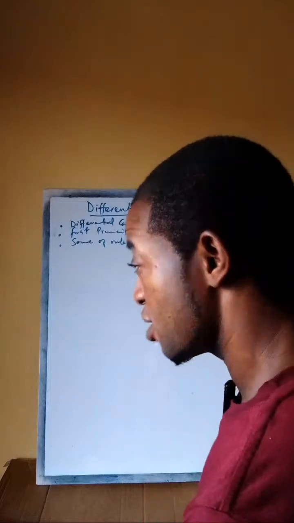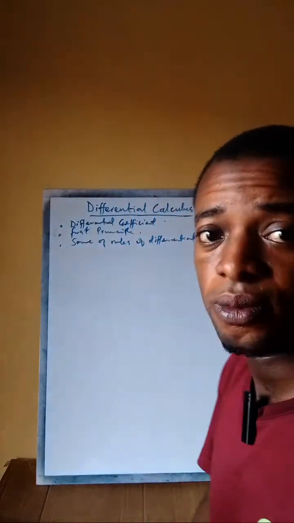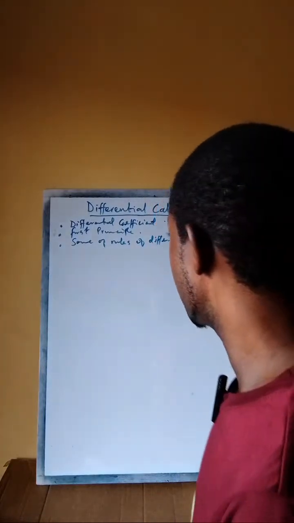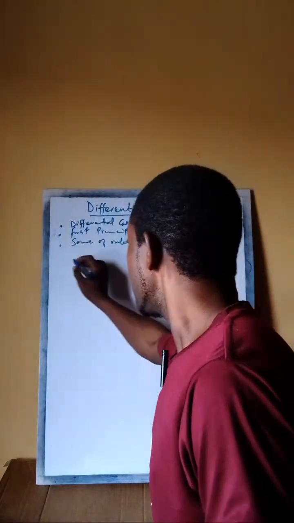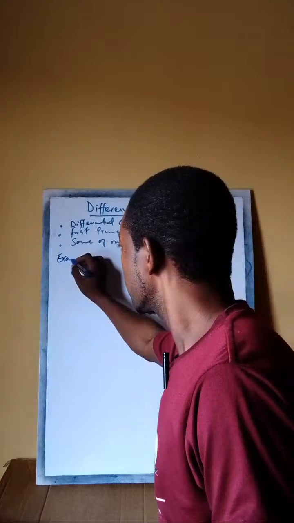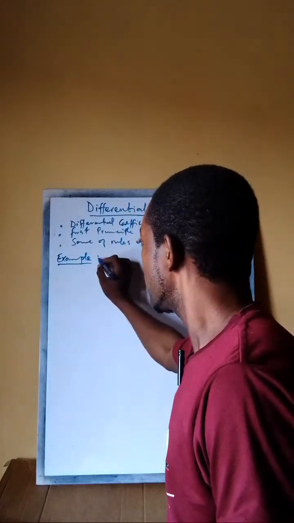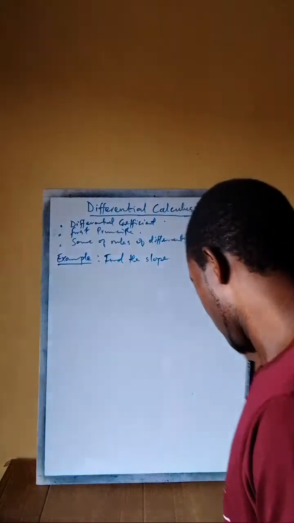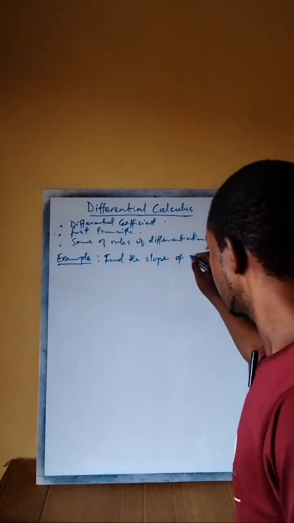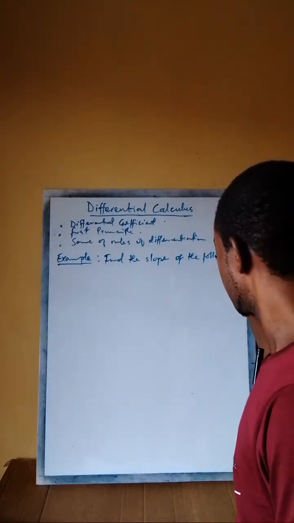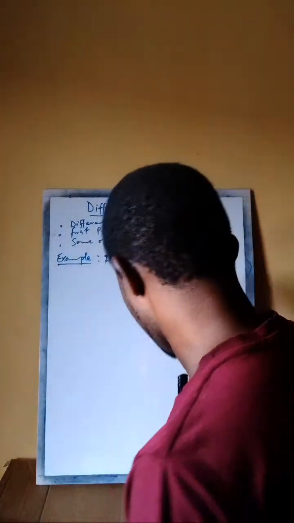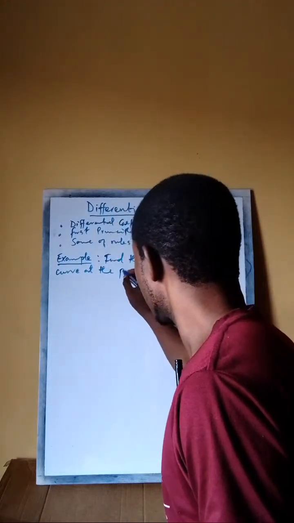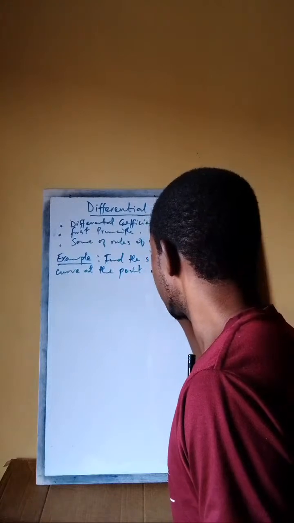Now, in this class, let's solve some problems still on differentiation before we move to the next thing under this particular topic. Example: find the slope of the following curve at the point indicated.